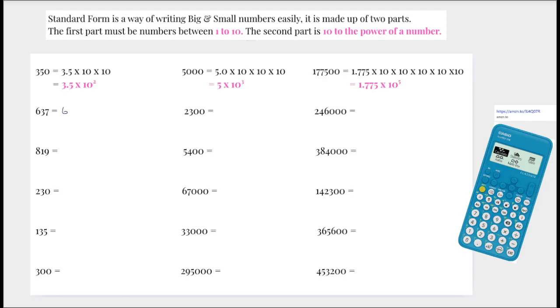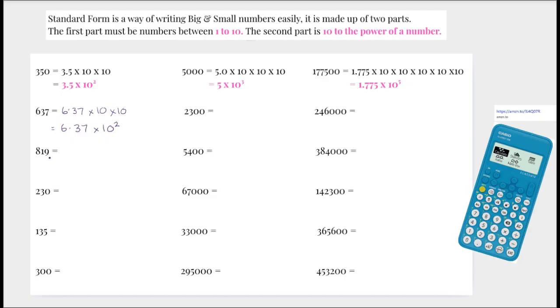So it's going to be 6.37 times 10 times 10. So we've moved it twice, 1, 2. Using our second part, which is 10 to the power, it's 6.37 times 10 to the power of 2. How's that? Let's do another one.